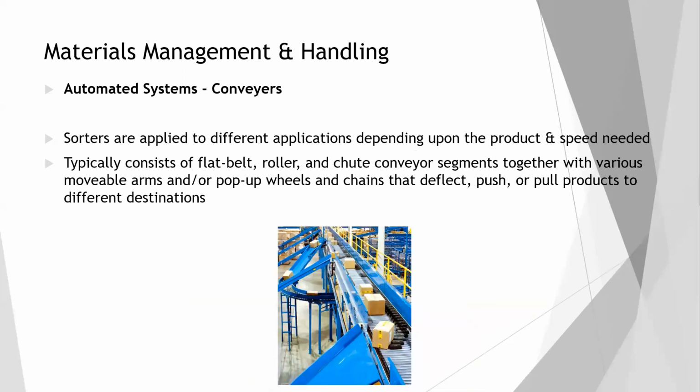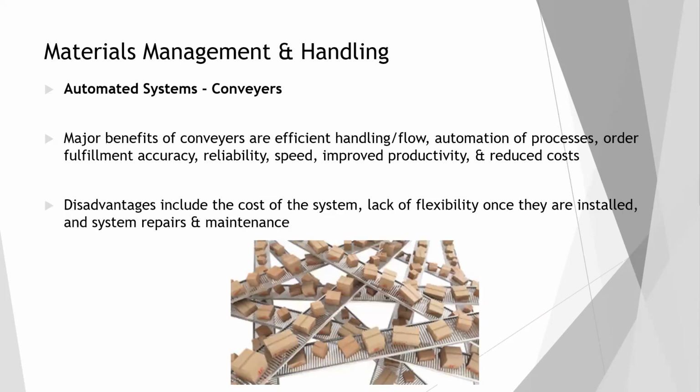Sorters are applied to different applications depending on the product and the speed that we need them to travel at. It typically consists of a flat belt, a roller, or some sort of chute conveyor segments that are all put together, with movable arms or pop-up wheels that will pull products into different destinations.